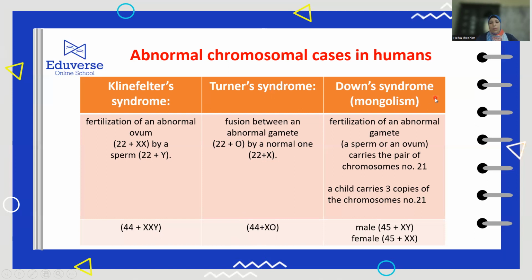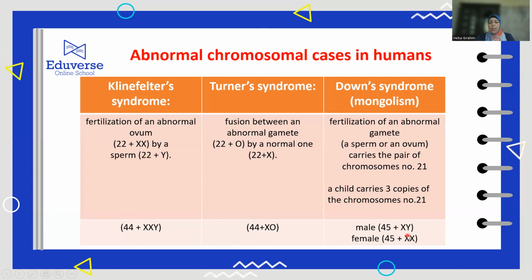What about Down syndrome or Mongolism? Down syndrome is produced from fertilization involving an abnormal gamete, sperm or ovum, to produce 45 plus XY or 45 plus XX, yani the disorder is in the somatic chromosomes, not in the sex chromosomes.